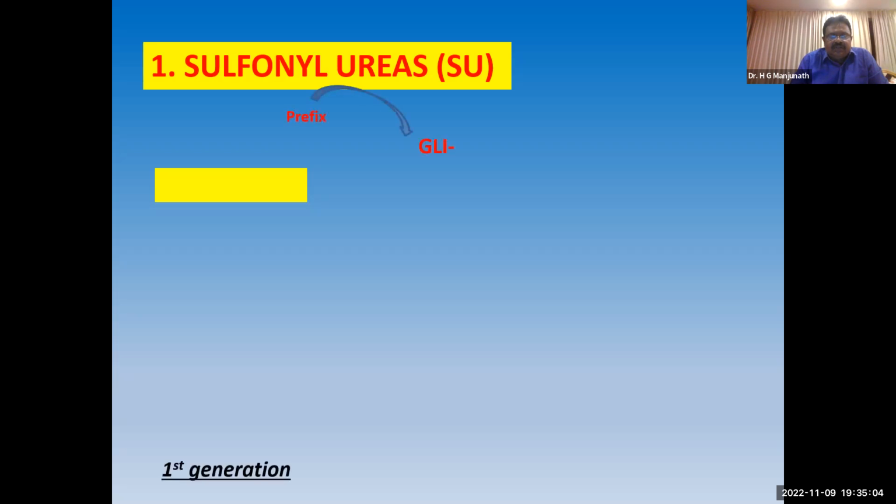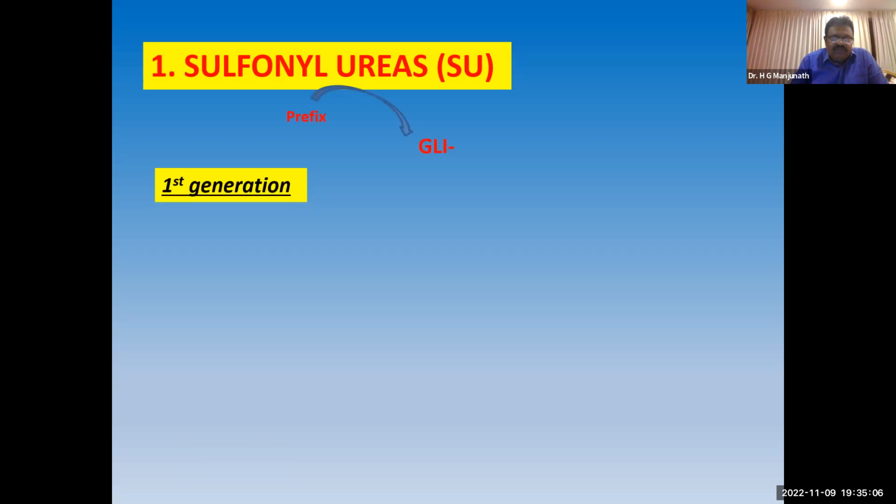Now we come to each drug and the mechanism of action of each drug in detail. So let us go to the sulfonylurea drugs. These sulfonylurea drugs use the prefix GLI. With the prefix GLI, we can identify that these drugs belong to the sulfonylureas. They are classified as first generation and second generation sulfonylureas.